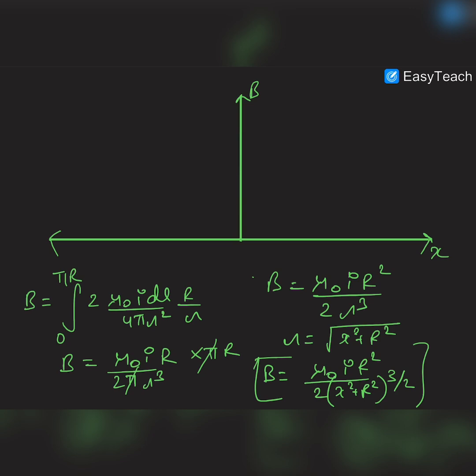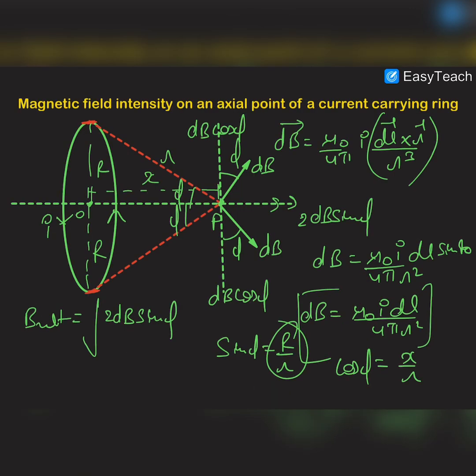And one more important thing which we should discuss is that the magnetic field at all the points on the axis of the ring will be in the same direction, pointing either in this direction or in this direction. So the magnetic field will be in the same direction.